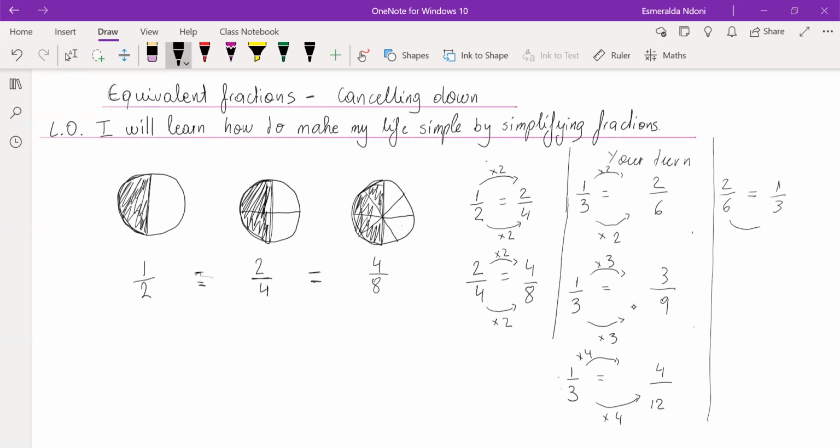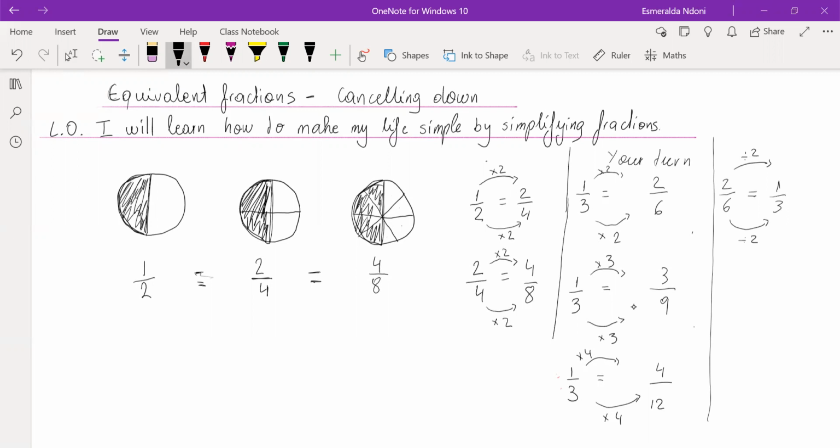You'd say, oh, madam, you just divided by 2, didn't you? You divide by 2 at the top and you divide by 2 at the bottom. This is called cancelling down, and that means making the fraction as small as possible by dividing them by the same number. This is called cancelling down.